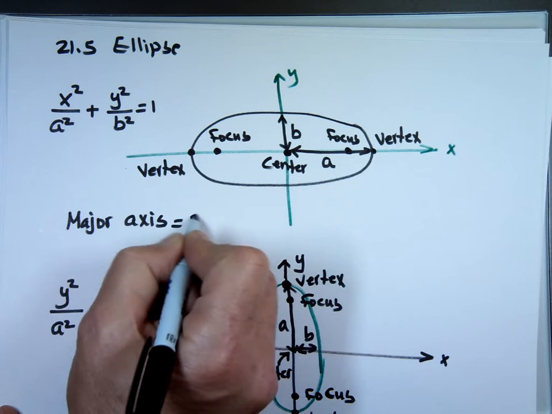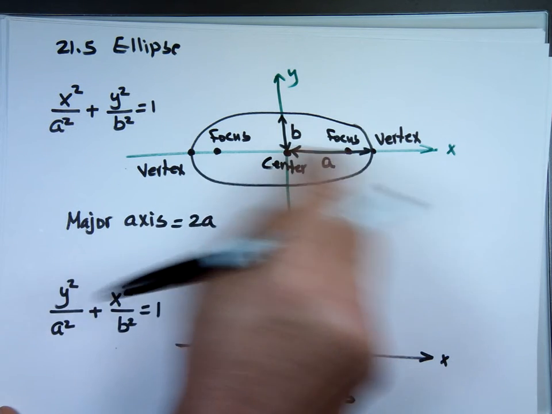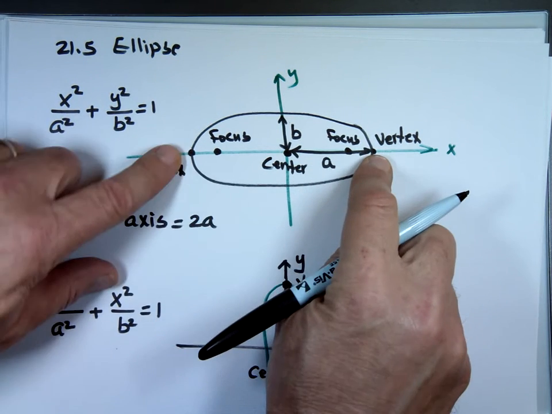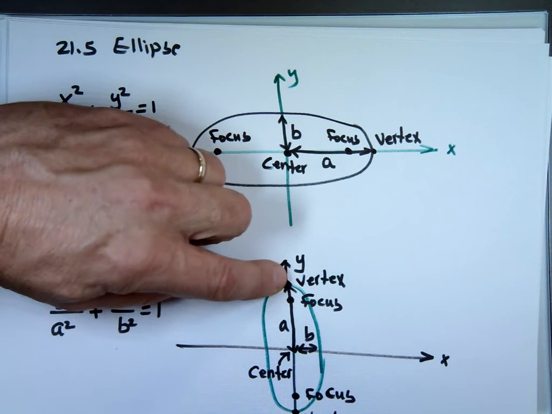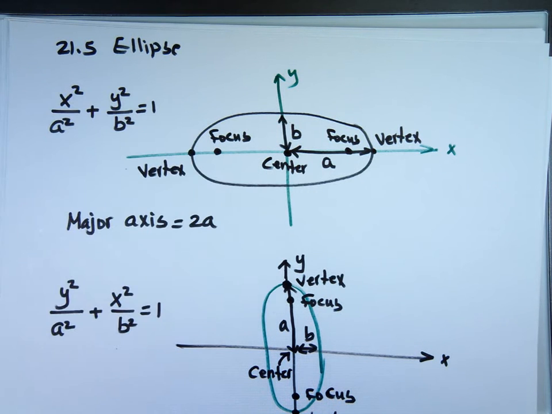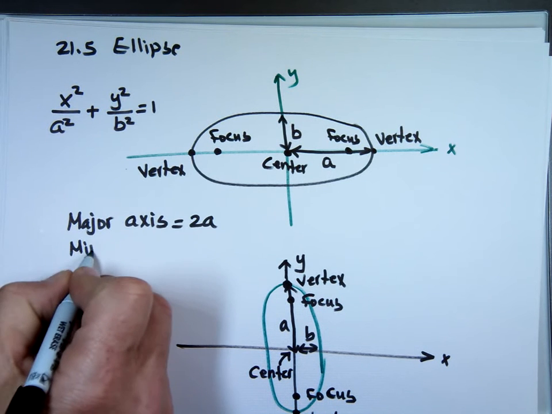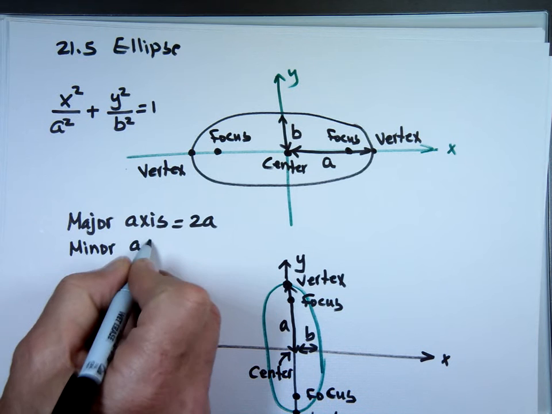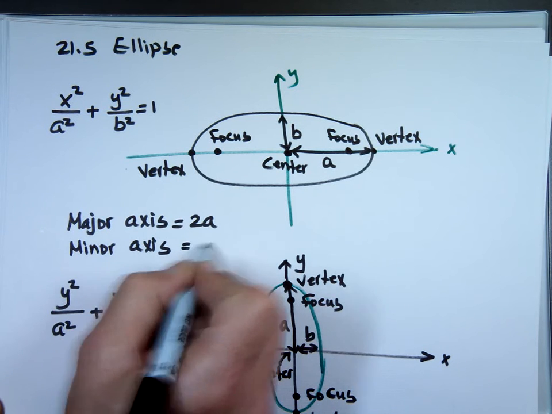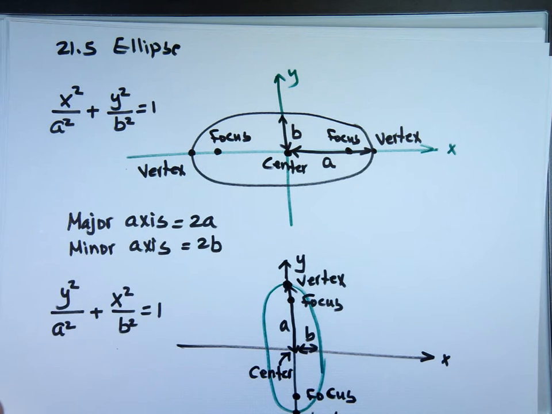That's actually twice A. If this is A, that distance from here to there is called the major axis. The minor axis is actually 2B. That's the distance from this end to that end. Major, minor axes.